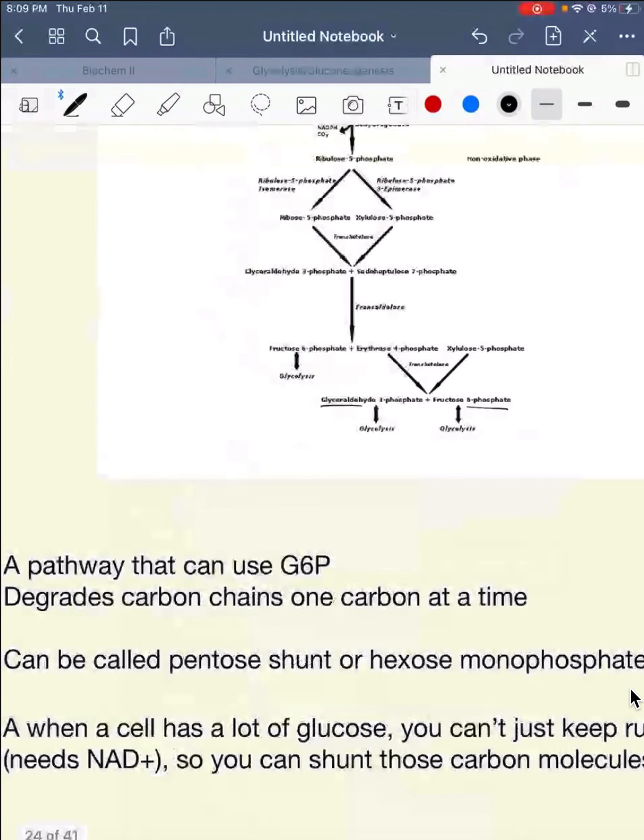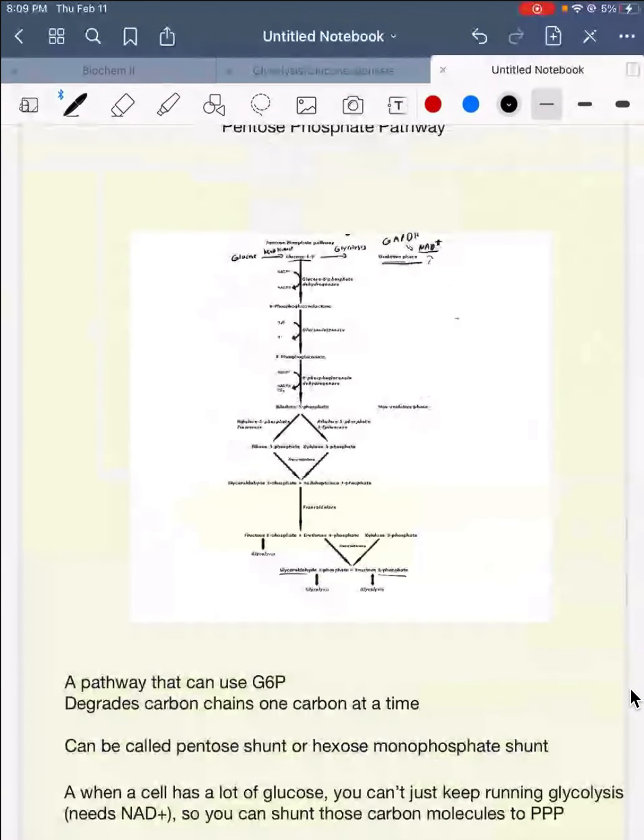Sometimes it can also be called the pentose shunt or the hexose monophosphate shunt. And like I said, it starts with G6P and it degrades one carbon at a time. This explains why the glucose tends to go in the shunt.